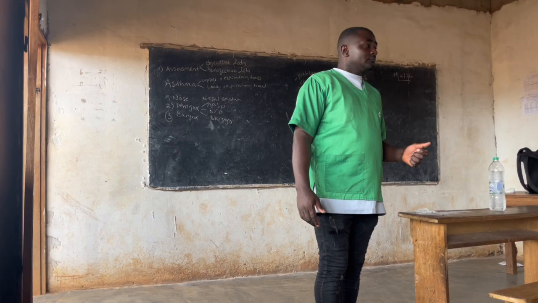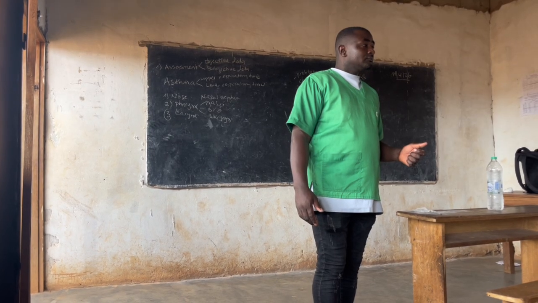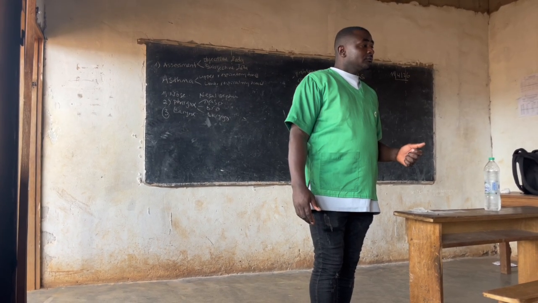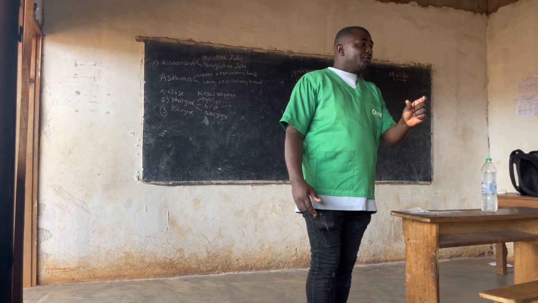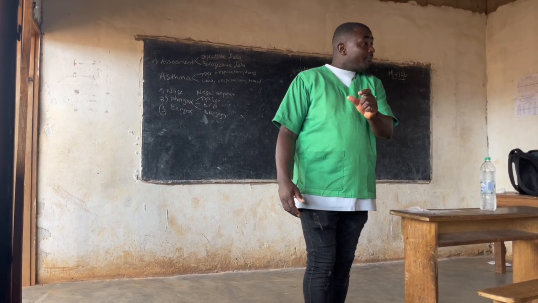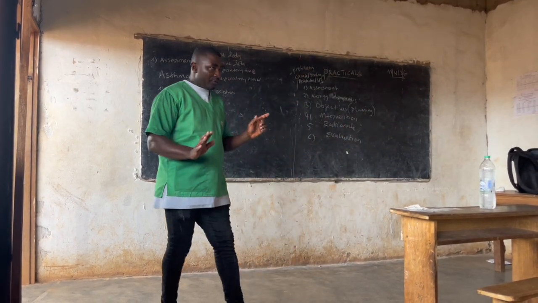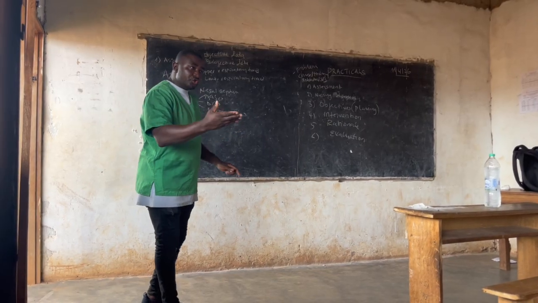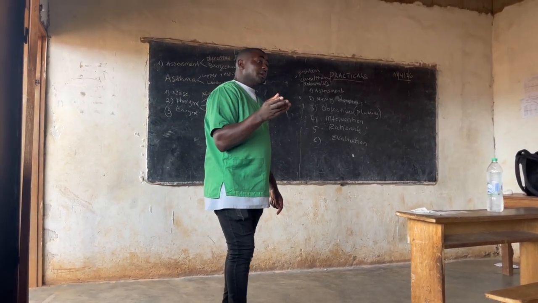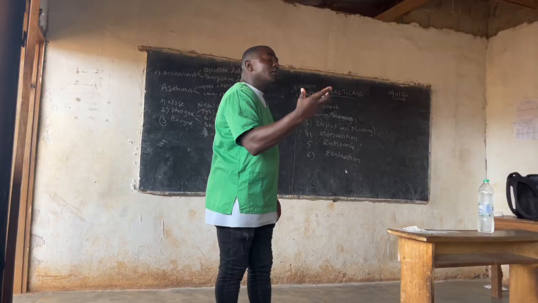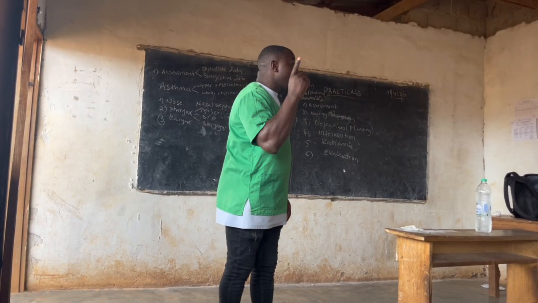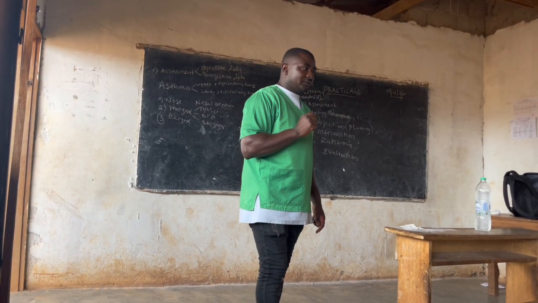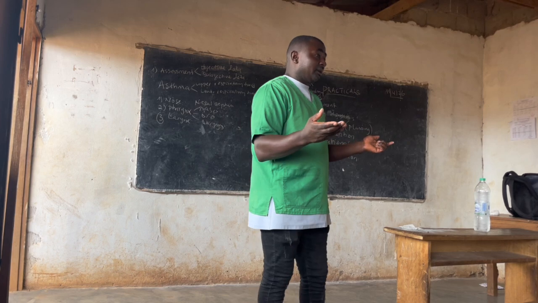Bed sores are injury to the skin, mostly on body prominent areas. Are we there? These are injuries to the skin that come as a result of prolonged pressure on body prominent areas. And what are some of the body prominent areas?